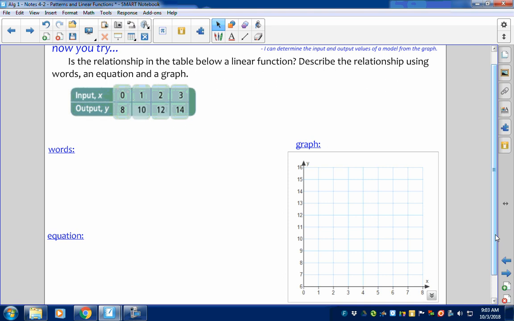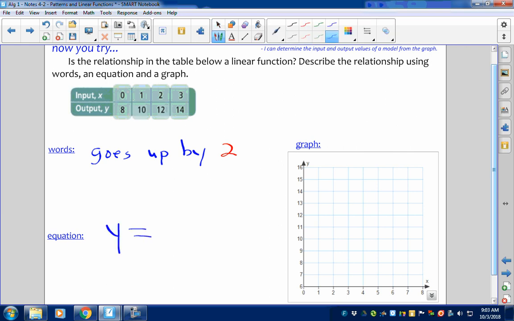Yeah, so I don't know what the real-life scenario is here, but it goes up by 2. So our equation would be y equals 2x plus something. What's the something got to be for this one? 8. Yeah.